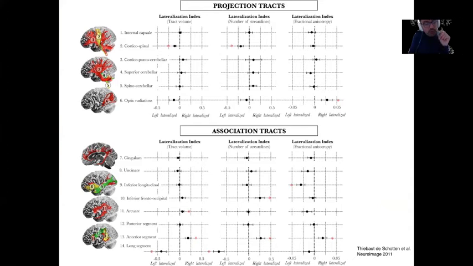But if you focus on the connection that we call the long segment in 14, the connection between the frontal and the temporal lobe, those are extremely left lateralized, whether you look at the volume or you look at the caliber of those fasciculi.